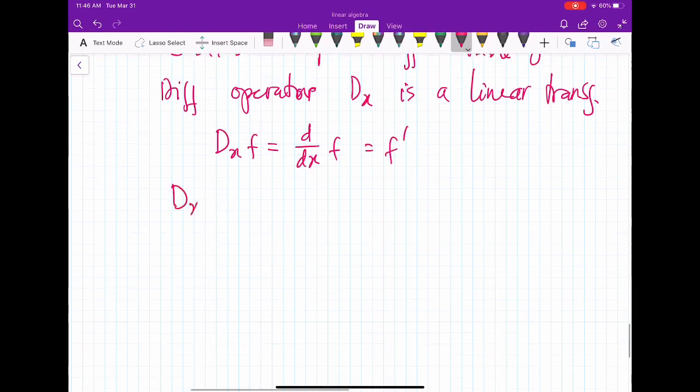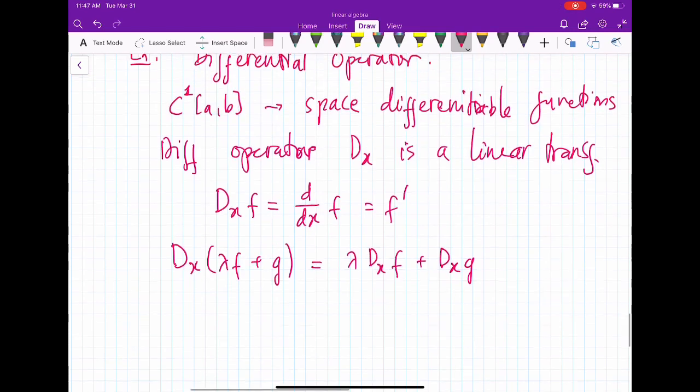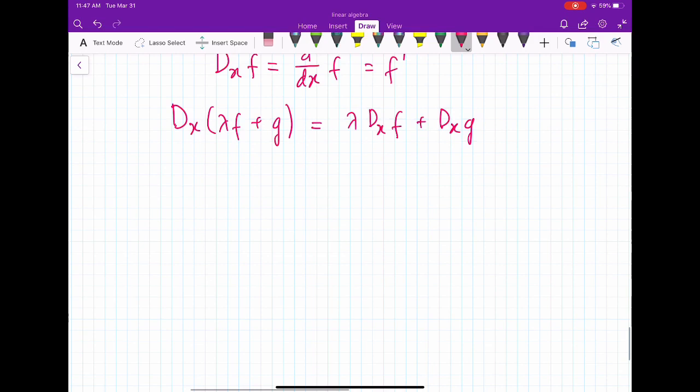We need to show that d/dx of (lambda f plus g) equals lambda d/dx f plus d/dx g, where lambda is some scalar and g is a function in C1[a, b]. But that is obvious. That is from the properties of differentiation rules, right? The derivative of a sum is just equal to the sum of derivatives. And this property is also trivial.